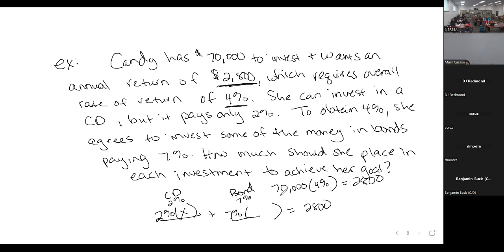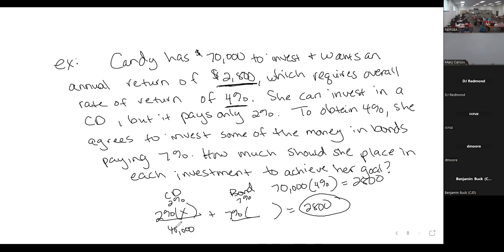So hypothetically, let's say of the 70,000, I randomly put 40,000 in this one. How much would you put into this one? Not 2,800. 2,800 is what we're trying to get at the end. Okay, we have 70,000 to invest. Think about this kind of like interest, right?